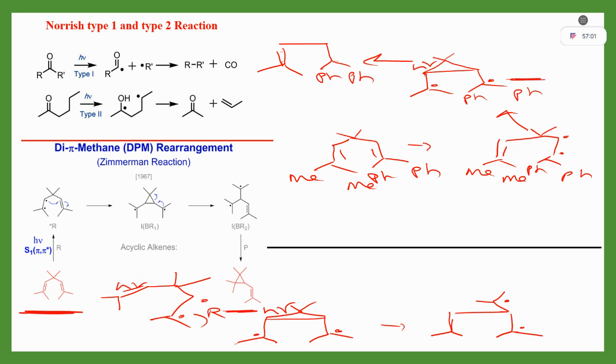So it can remain in radical form for a longer time. Therefore we cleave this bond so that you can quench the unstable radical as soon as possible. Therefore this olefin forms here, and the other radical will combine with this in order to form this cyclopropane. I hope you have understood.